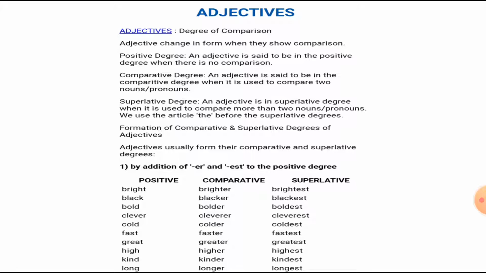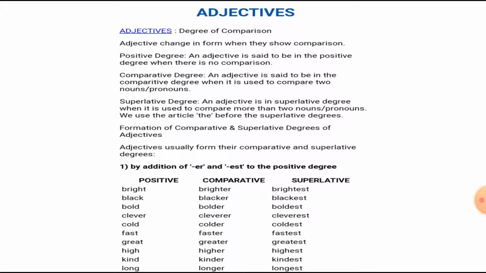Comparative degree. An adjective is said to be in the comparative degree when it is used to compare two nouns, pronouns or two objects. The word comparative has been derived from comparison. So comparison can only be made between two things.